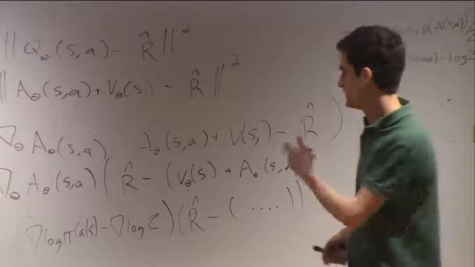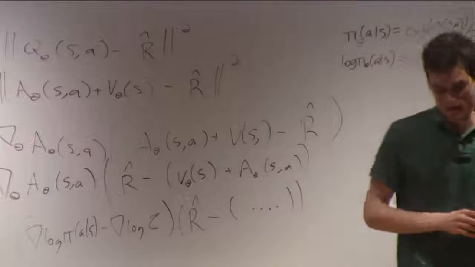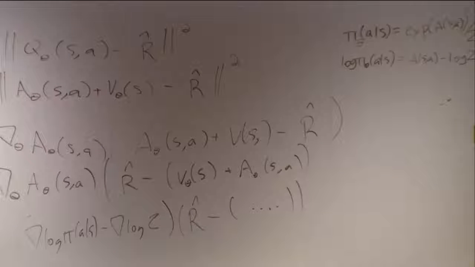So there's a connection between the policy gradient with an entropy bonus and the gradient of the regression loss. You can find that calculation in the PGQ paper, and my colleague and I have another version of this calculation in a paper that is coming out soon.